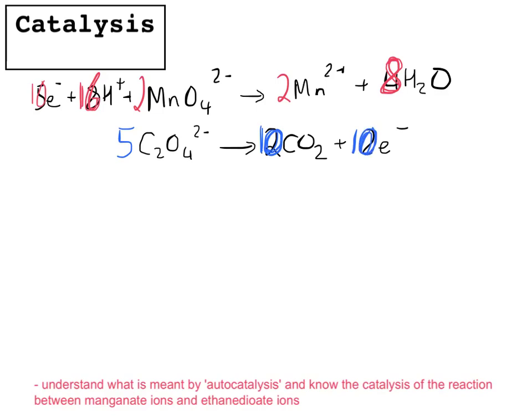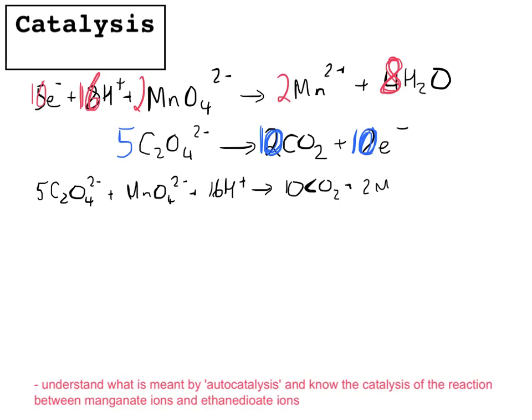And if we combine these, we get 5 C2O4 2- plus 2 MnO4- plus 16H+ goes to make 10 CO2 plus 2 Mn2+ plus 8 H2O.